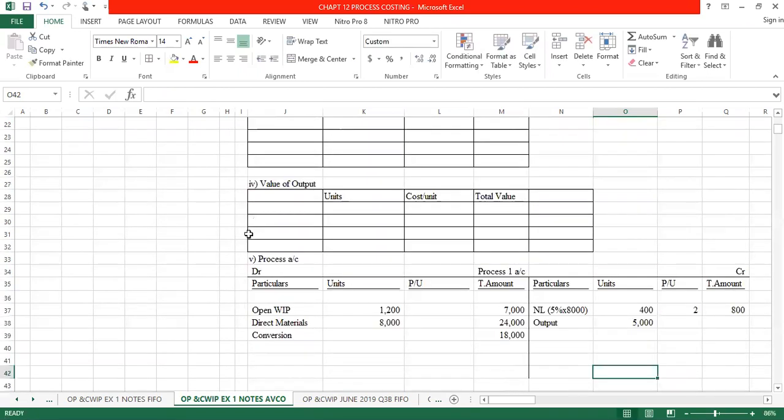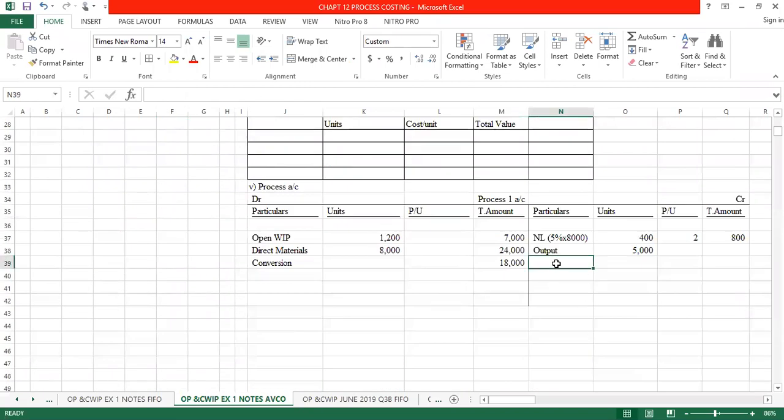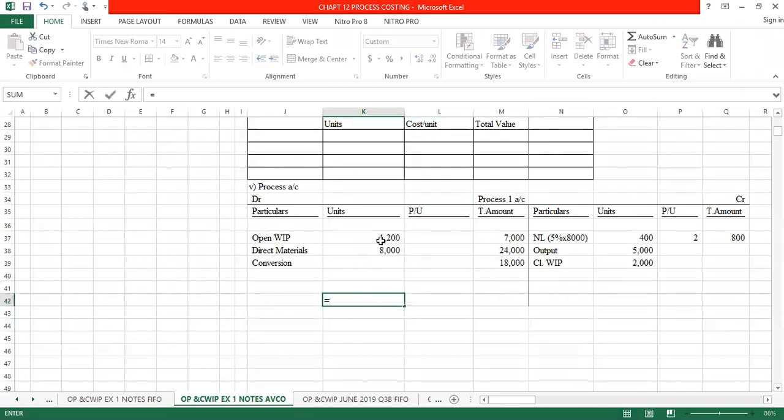Were we given closing work in progress? Yes. Closing work in progress is 2,000 units. What is always the next step? We had already done this, so we just knew this side was more plus that. So it is abnormal loss.